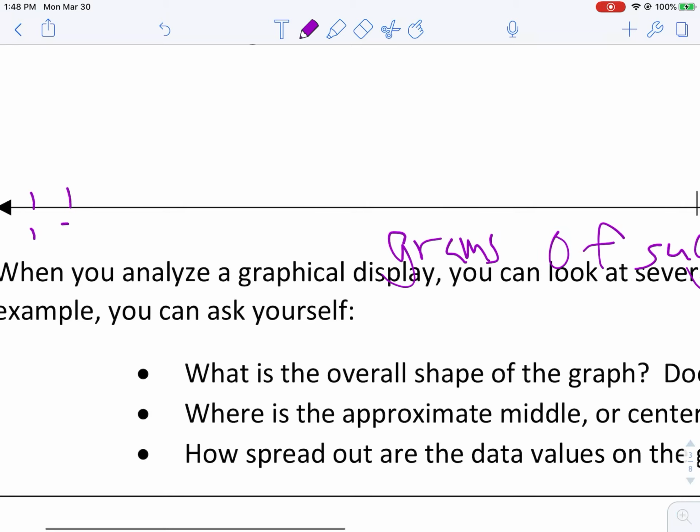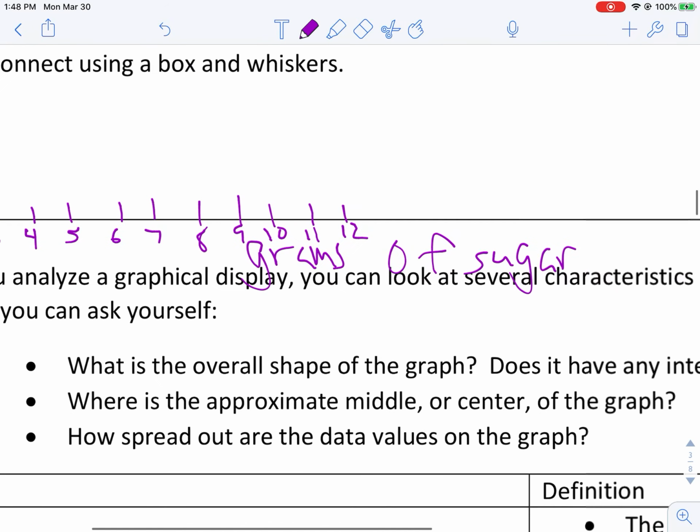I'm going to label this graph from 1 to 23. So as you can see, I'm labeling it from 1 to 23.